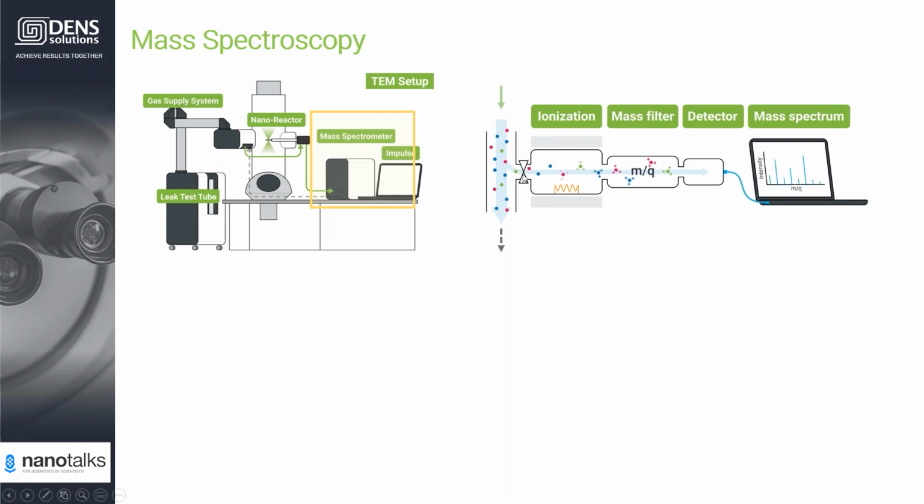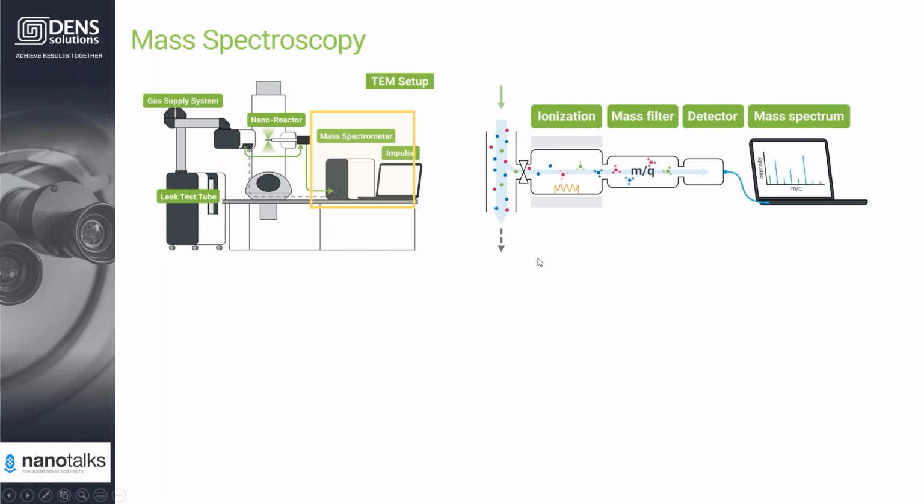It will first be ionized from neutral gas to charged particles and go to a mass filter, which filters by the mass to charge ratio, and go to the detector. Finally, on the screen, what you will see is the x-axis of mass to charge ratio and the y-axis is the intensity.